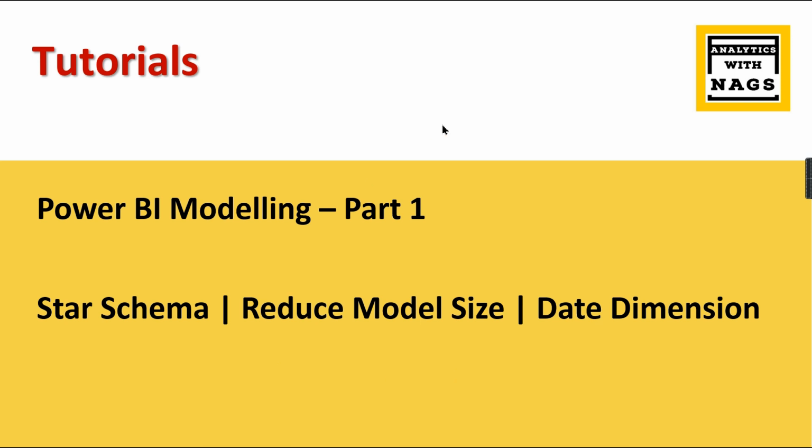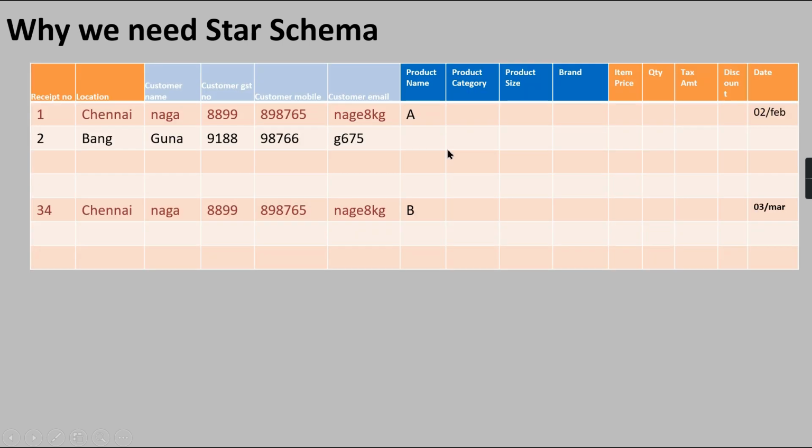Let's begin. First things first, why do we need a star schema? Let's try to understand this scenario here. This is a typical sales table where you have a receipt number, location, and different customers. I mean, which customer has purchased, what products he has bought, and item quantity, everything together.